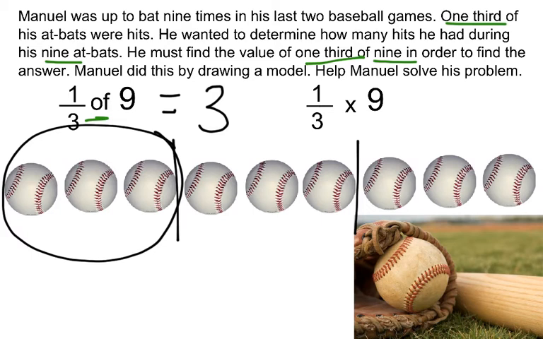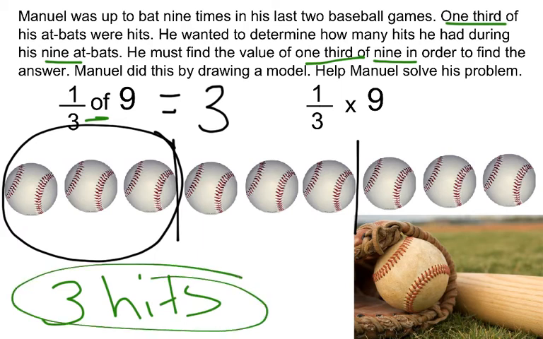So Manuel had 3 hits. Good job, Manuel. So this is a different kind of model where we're using pictures to represent multiplication of fractions as well as fractions and whole numbers.